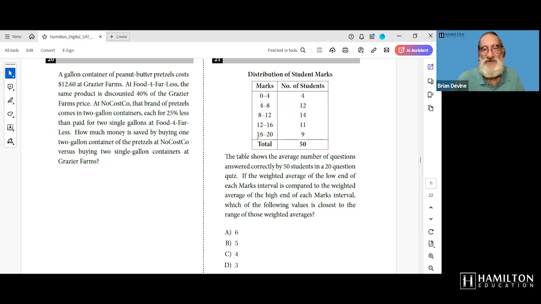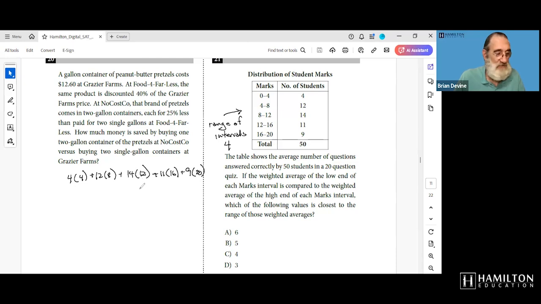Well, there's an easy way to do this. If I look at this, each interval has a range of 4. So the range of each interval is 4. And if I do look at a weighted average of the top end minus a weighted average of the bottom end, well, I'd be taking 4 times 4 plus 12 times 8 plus 14 times 12 plus 11 times 16 plus 9 times 20 and dividing that by 50.